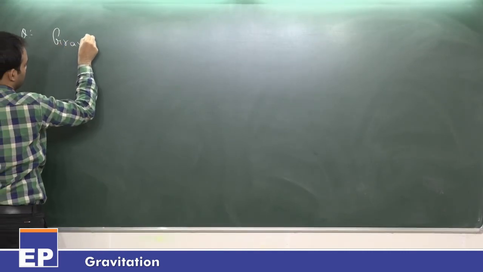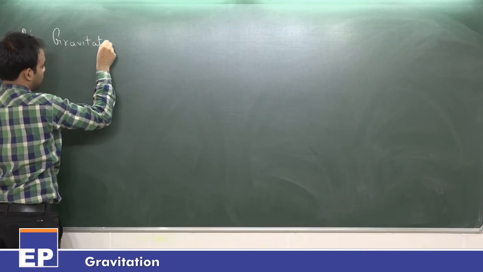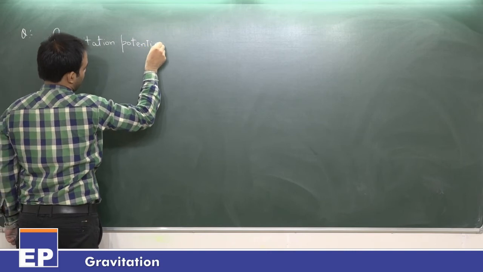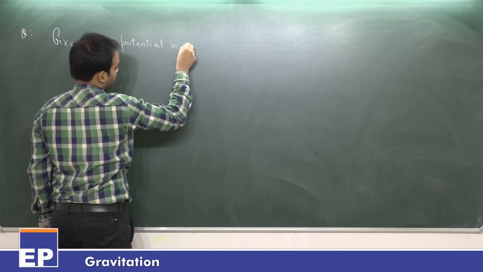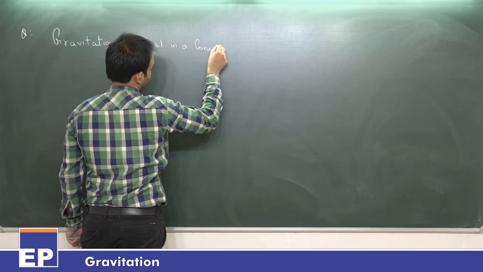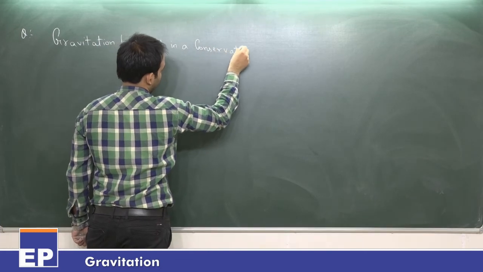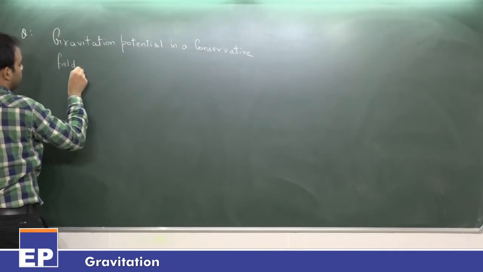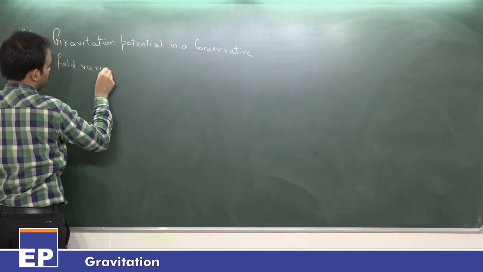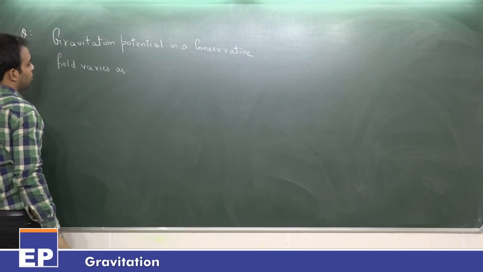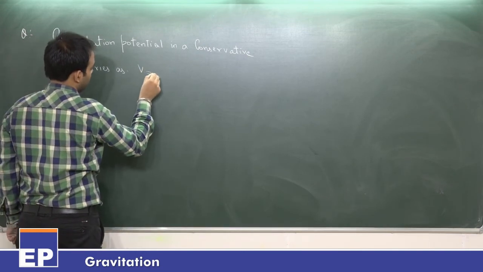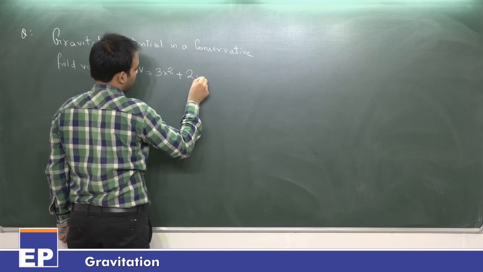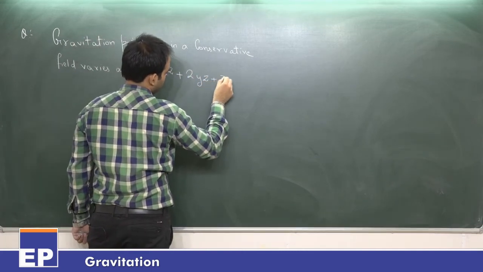Gravitational potential in a conservative field varies as 3x square plus 2yz plus 7xy.